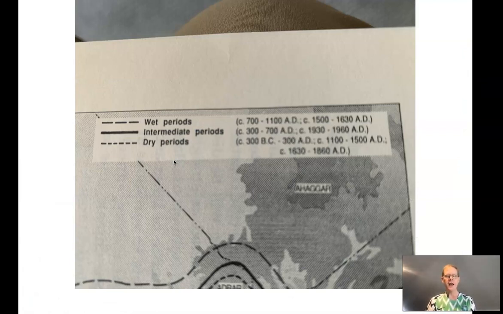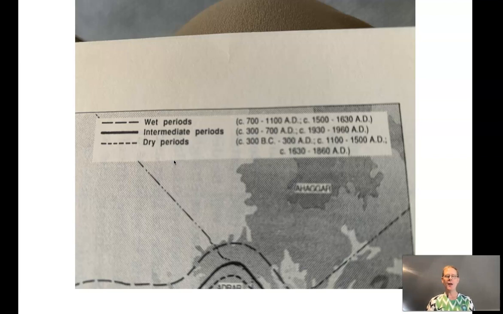What we see is overall, from 9,000 BC until now, we've seen West Africa getting drier and drier and drier. Overall, that's true. However, within that time, there has been some up and down. There have been certain periods where it's wetter than normal. And that's what it shows you up here in the upper right corner. Okay, there's a wet period from about 700 AD to about 1100 AD. And then following that in about 1500 to 1630.